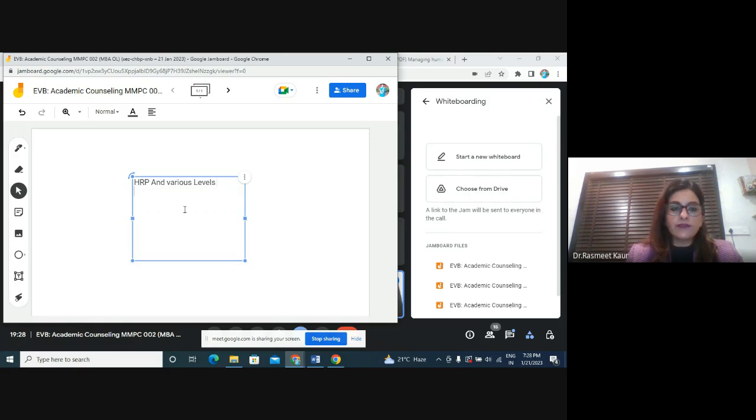We start first at the national level, then you come down to the sectoral level. Learn this, remember this in this way only. Then comes the industry level, and finally you have it at unit level.